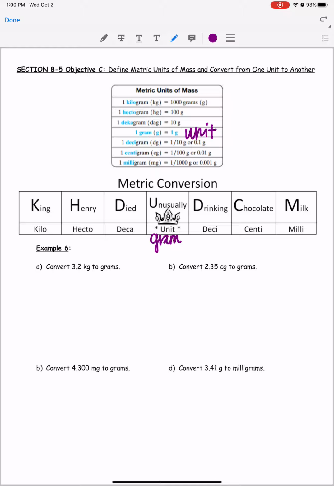So here we're going from kilograms to grams. King Henry died unusually drinking chocolate milk. I'm starting at my kilogram, and I need to go to gram, which is my unit. So I'm moving this 1, 2, 3 units over to the right.